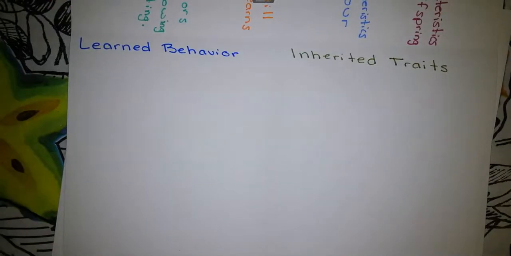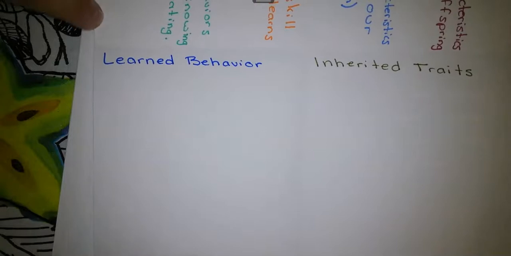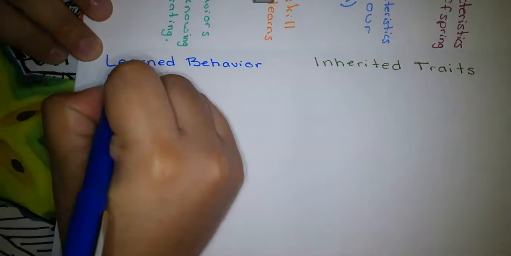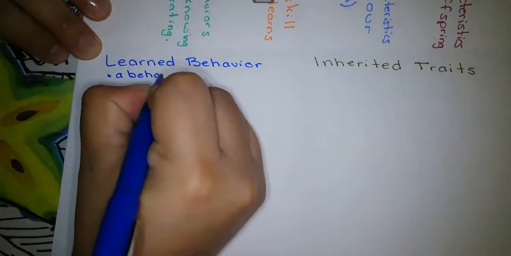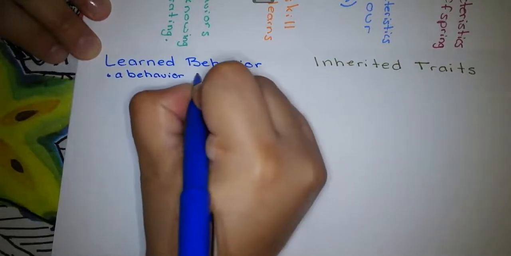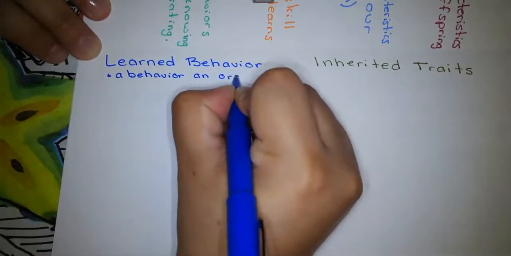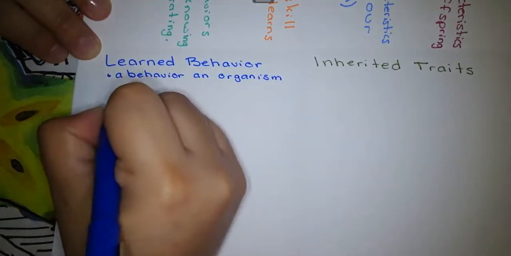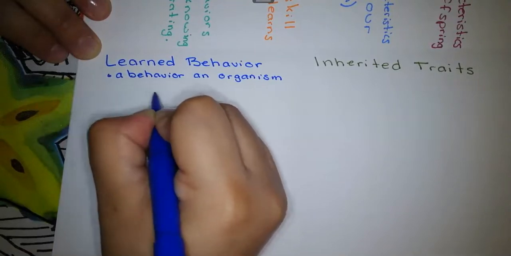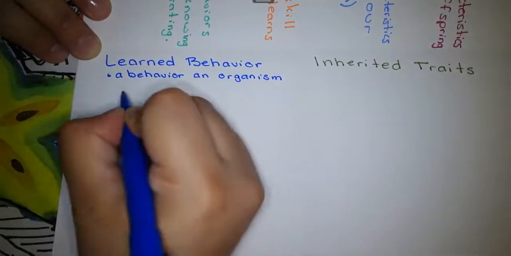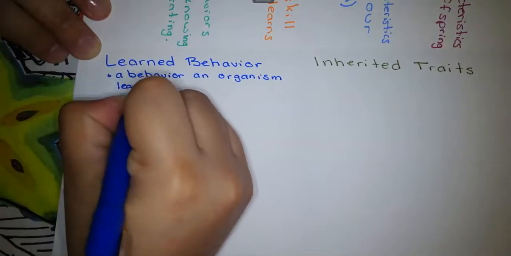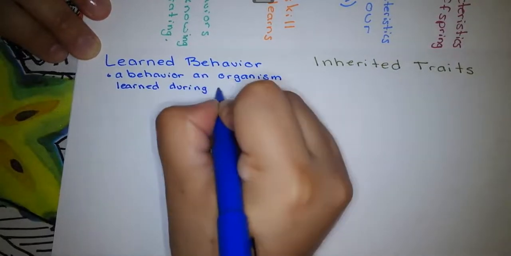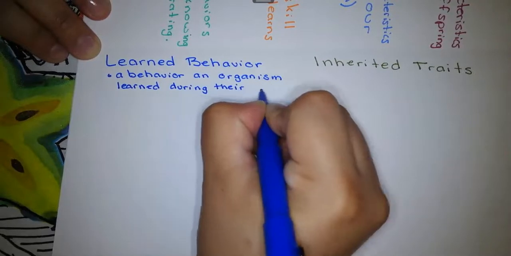So that we remember what they are in our notes, a learned behavior is a behavior an organism learned during their lifetime.